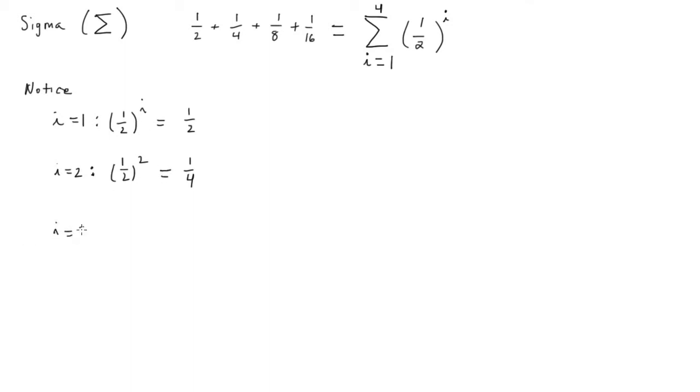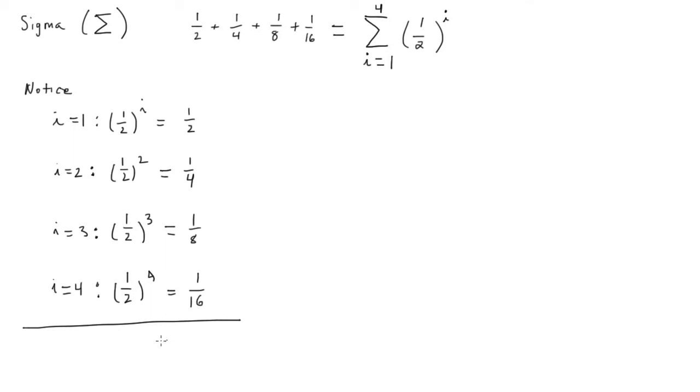So I equals 3, we'll get 1/2 cubed, and that's 1/8. Sorry, I keep messing up the equal signs. And then finally, for this example, we'll stop at 4 because I just want to do the first 4 terms. And so we'll have 1/2 to the 4th, and that is 1/16. And then the sigma part just says to add all of these up, and so what we get is 1/2 plus 1/4 plus 1/8, I'm sorry, do it in order, plus 1/16.